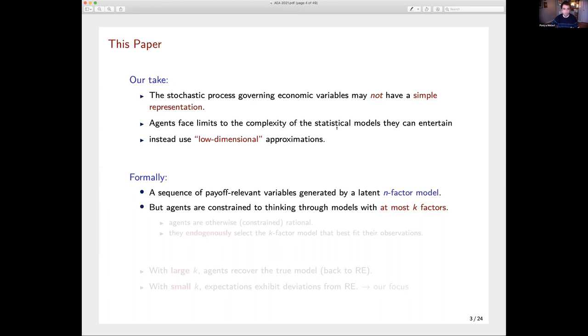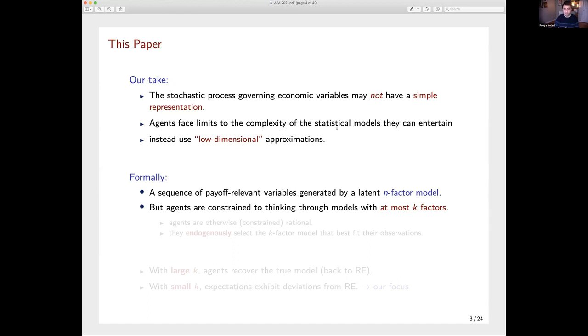Okay, so to be more specific, our agents will be facing limits to the complexity of time series models that they can use in order to forecast the future payoff relevant variables. And as a result, they're going to rely on low dimensional approximations to this probability distribution.